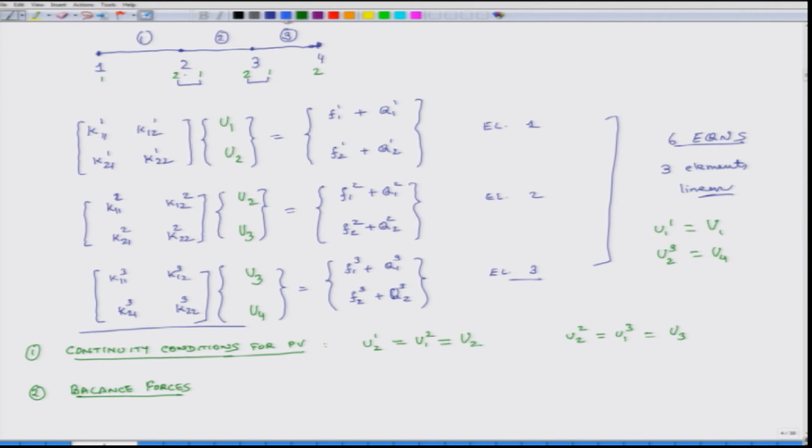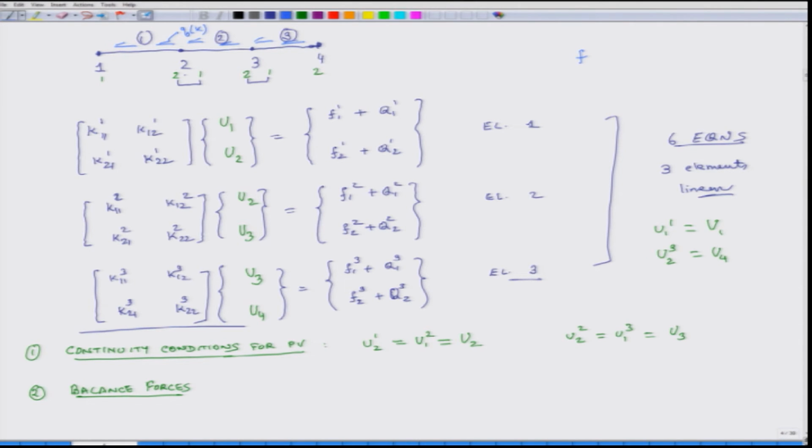Now, I had said that this is what? Distributed force, which is Q, and this distributed force which is Q, it appears in my element level equations as F, right.